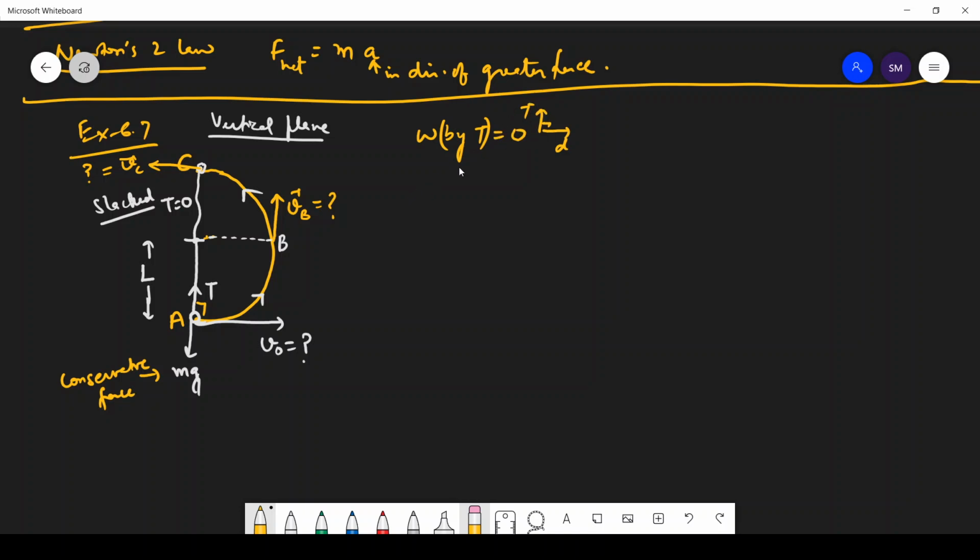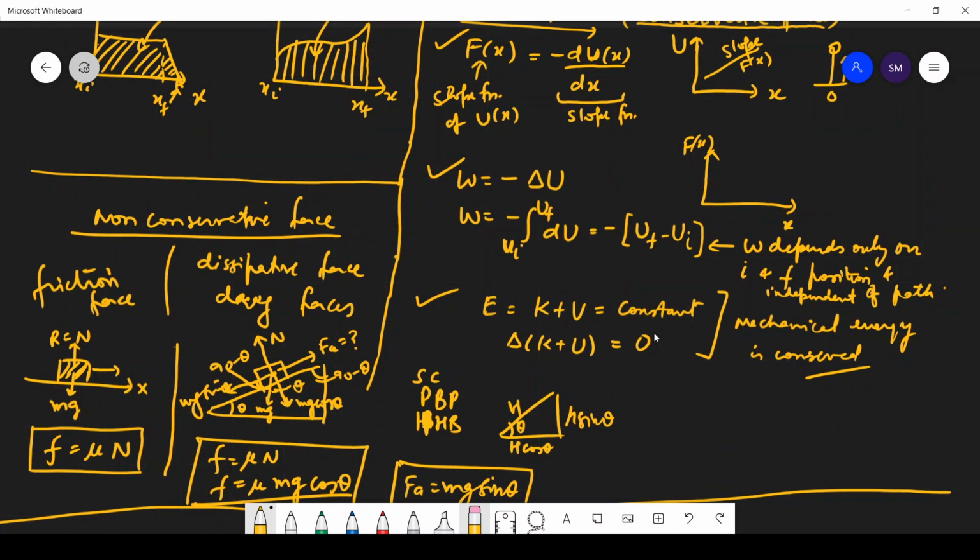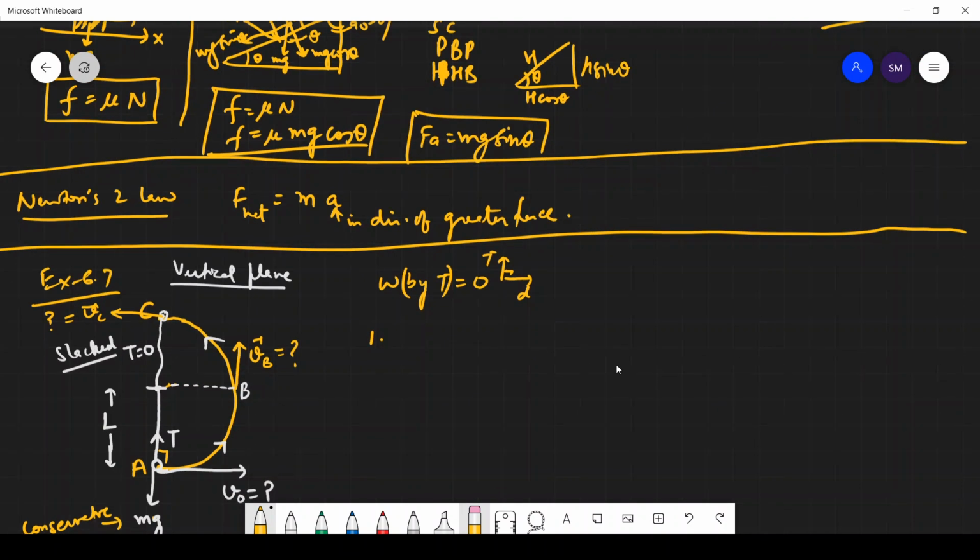So the work will only be done by the gravitational force, or you can call it gravity in short. So work is only done by the conservative force. So that is why we can use the concept that mechanical energy is conserved. We can use this concept, right?